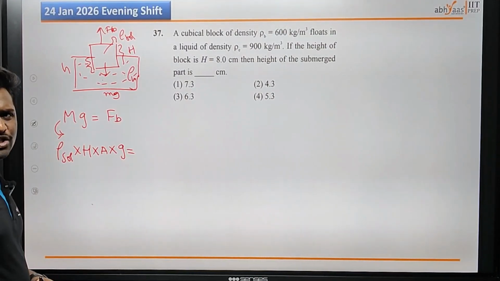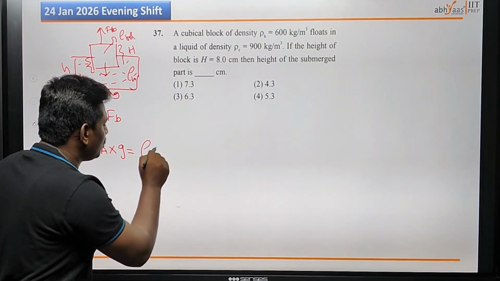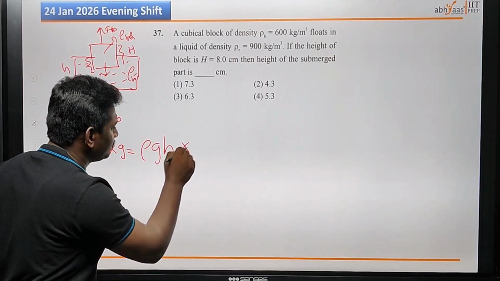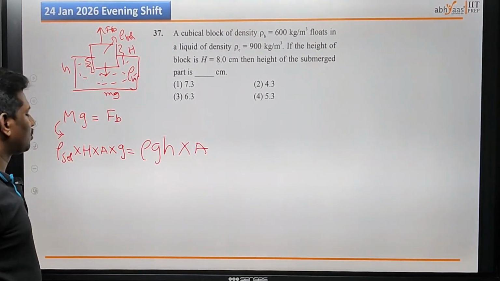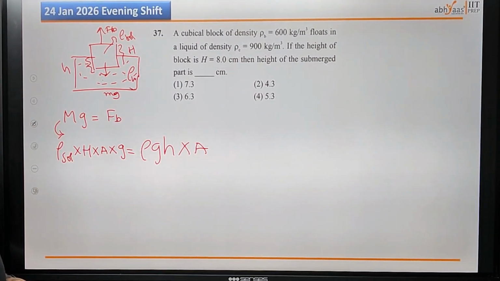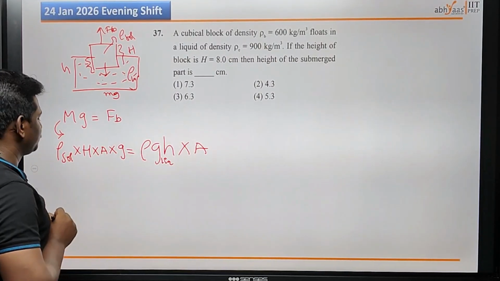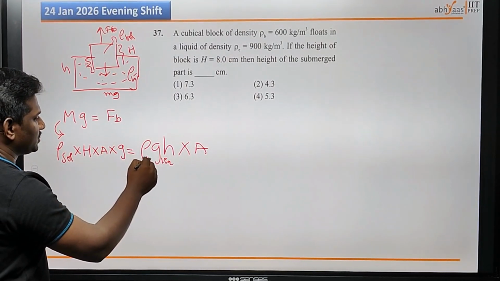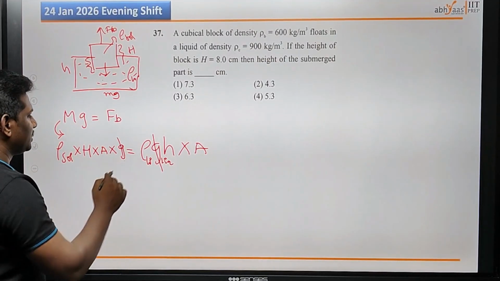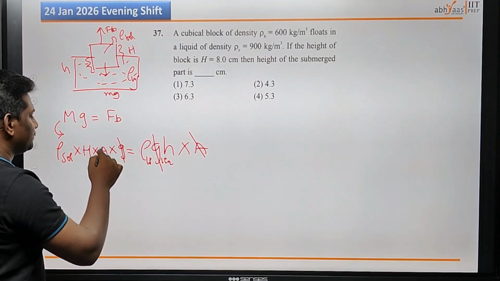Buoyancy force is rho g h into area, where rho is the liquid density. So g gets cancelled and A gets cancelled.